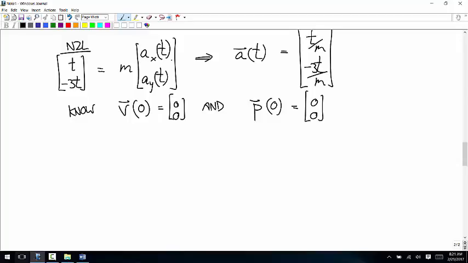And now we're just going to do the differential equation, integrate the acceleration to get the position. The velocity is the integral of the acceleration. So velocity as a function of time is the integral of the acceleration with respect to time.